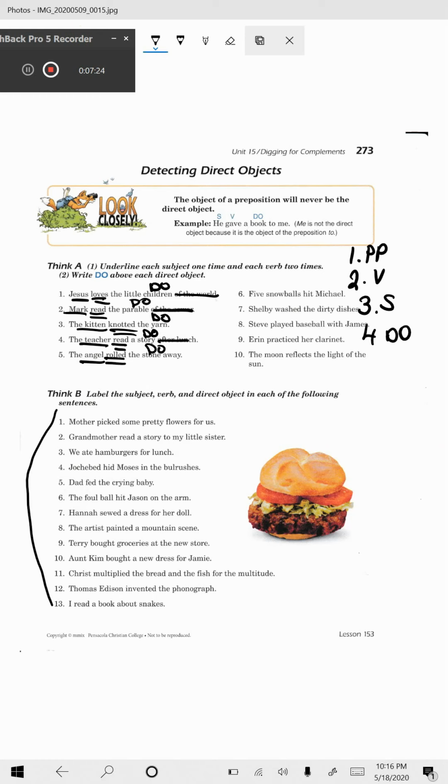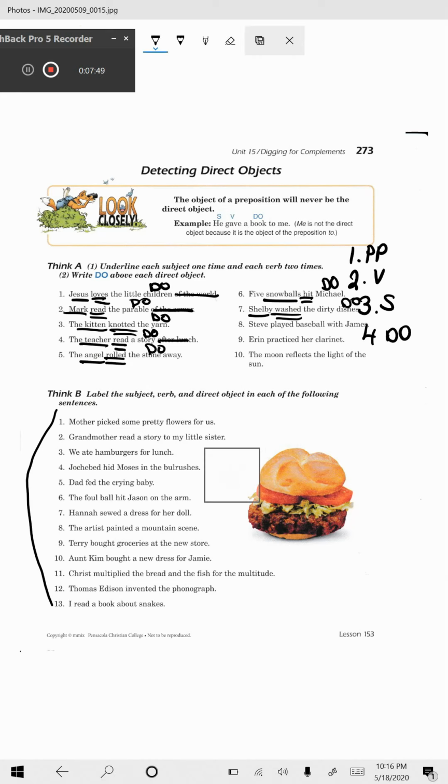Five snowballs hit Michael. No prepositional phrase. So I go to the verb. Hit. What hit? Snowballs. And who did they hit? Michael. Shelby washed the dirty dishes. No prepositional phrase. So I'm going to find the verb. And then I have the subject. And the dishes are the direct object.